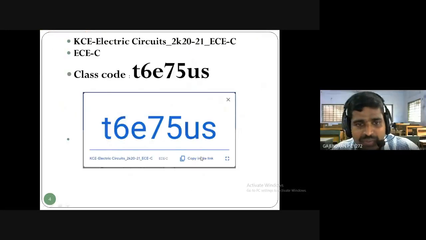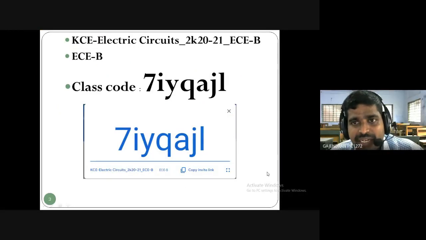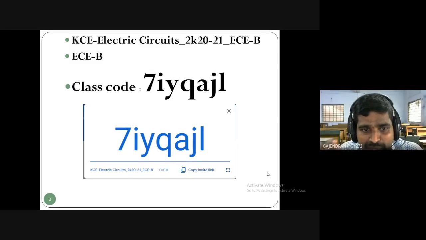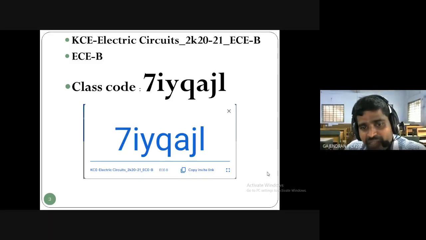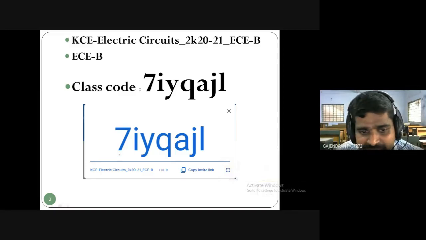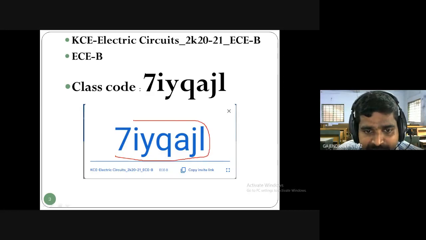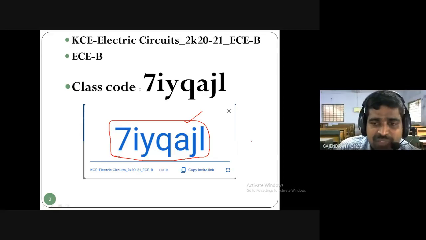Okay, very good. Your class code I am displaying over here. ECEB students only, please take a screenshot of this. This is your class code. At the end of the class, I will post the same thing in the chat box also. Other students, please join in that same classroom.